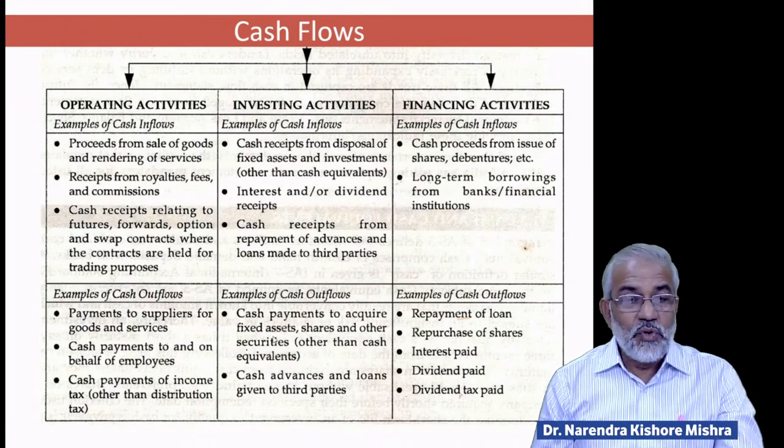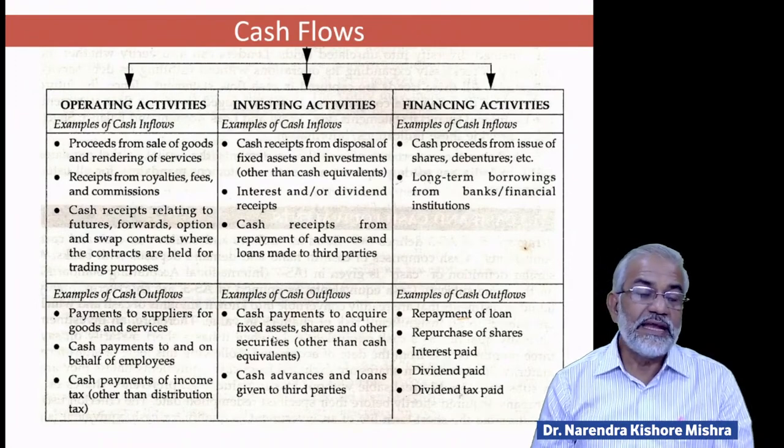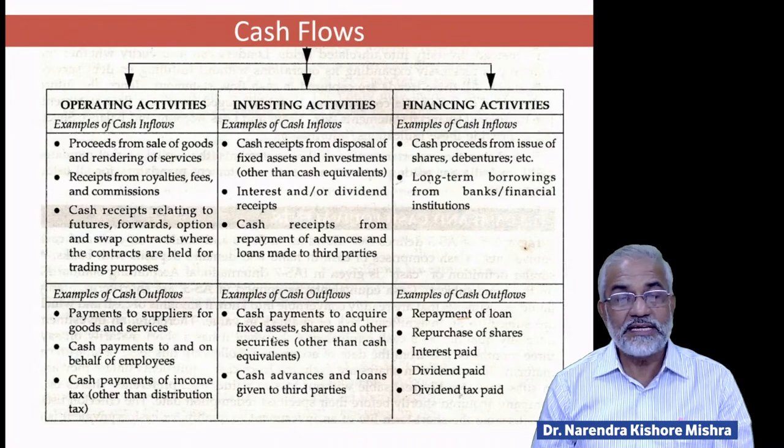When the inflow from operating activities is more than the outflow of cash from the operating activities, then there will be a net positive flow of cash from operating activities.